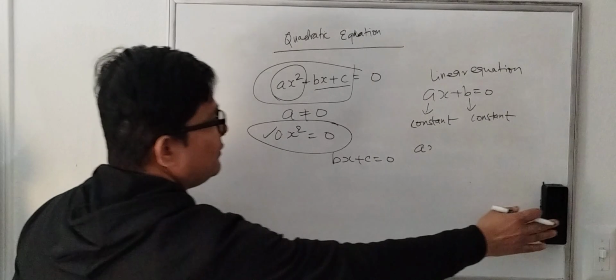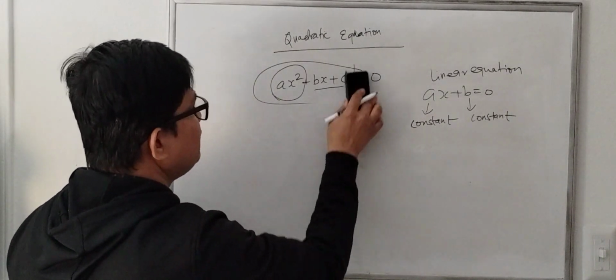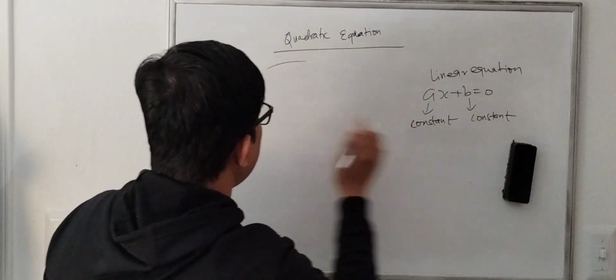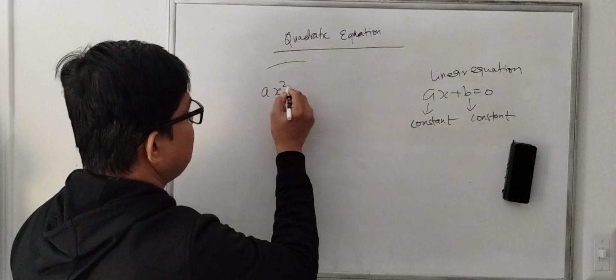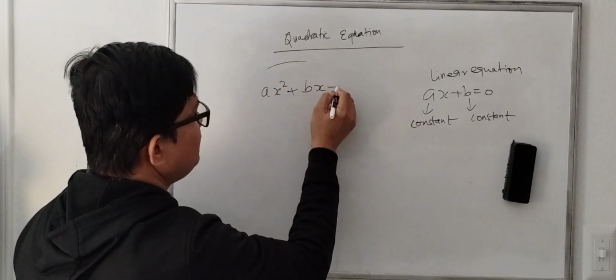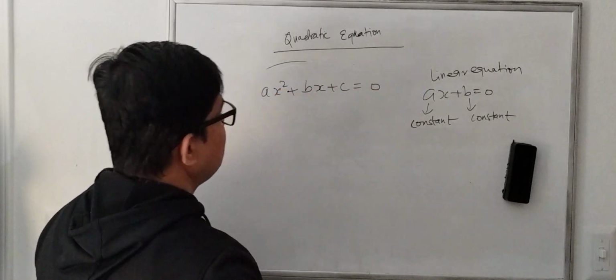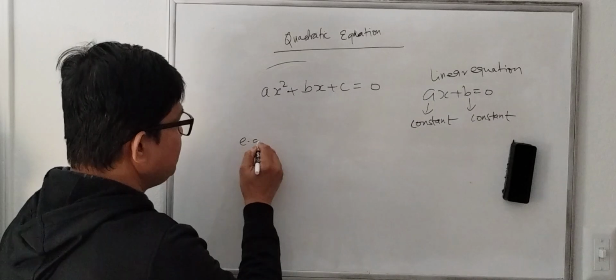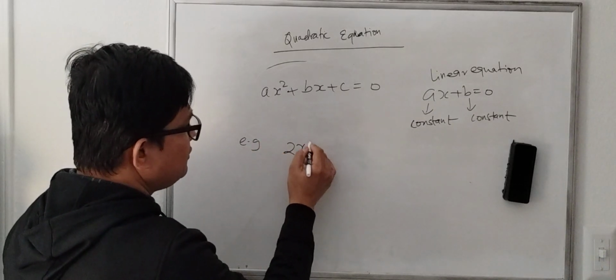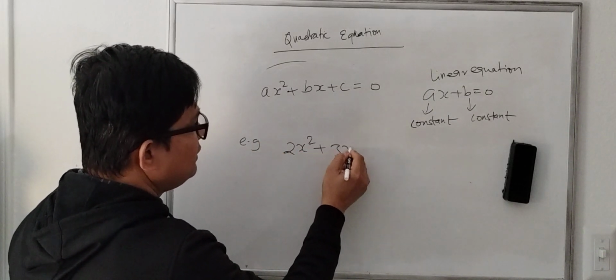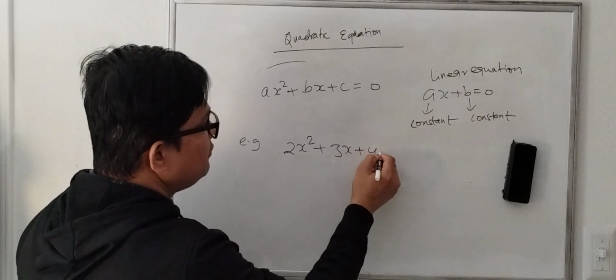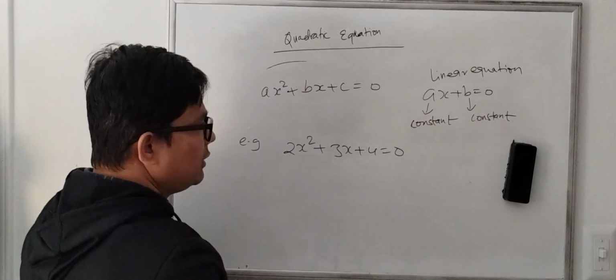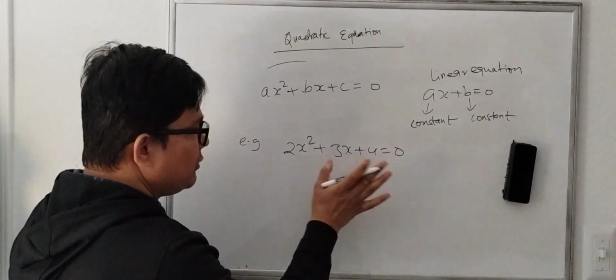So let's write it again. Ax squared plus bx plus c. For example, let's take some examples. You can say 2x squared plus 3x plus 4. I don't know if you can solve it or not, but we can solve it.